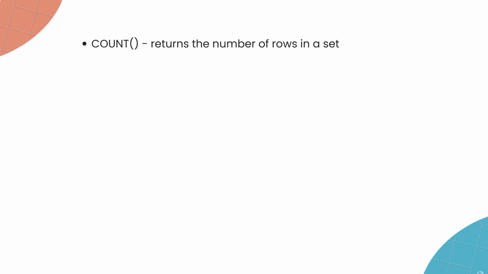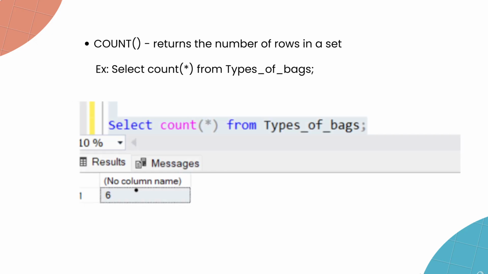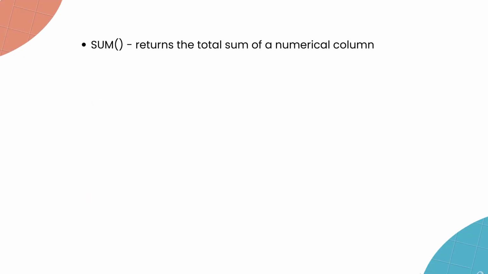Third one is count, which returns the number of rows in a set. For example, select count(*) from types_of_bags; semicolon. Fourth one is sum, which returns the total sum of a numerical column.